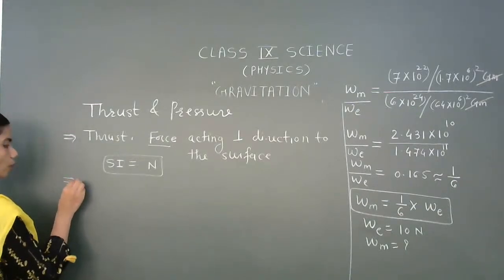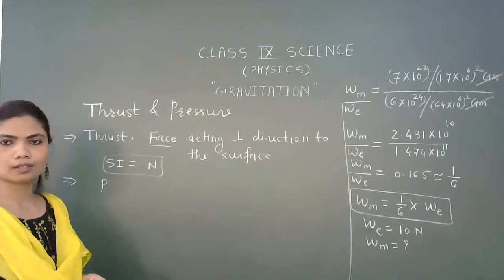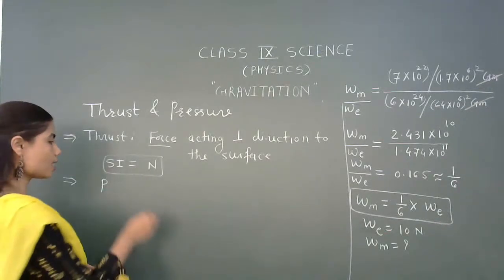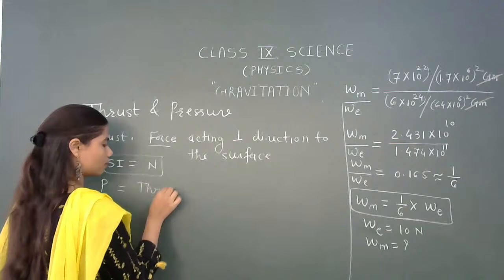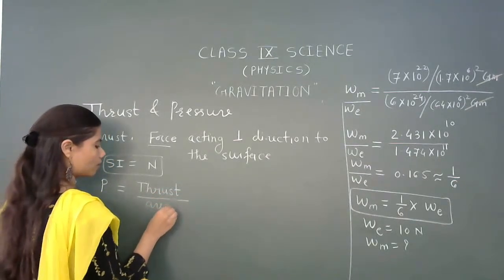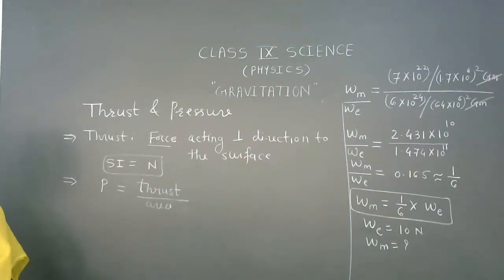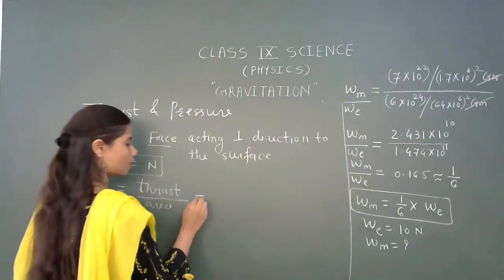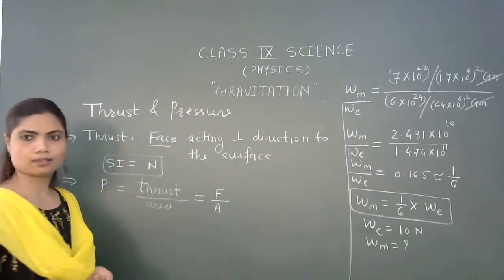Now next, what is pressure? Pressure is denoted by capital P. Pressure is the thrust acting per unit area in contact, means force per unit area.